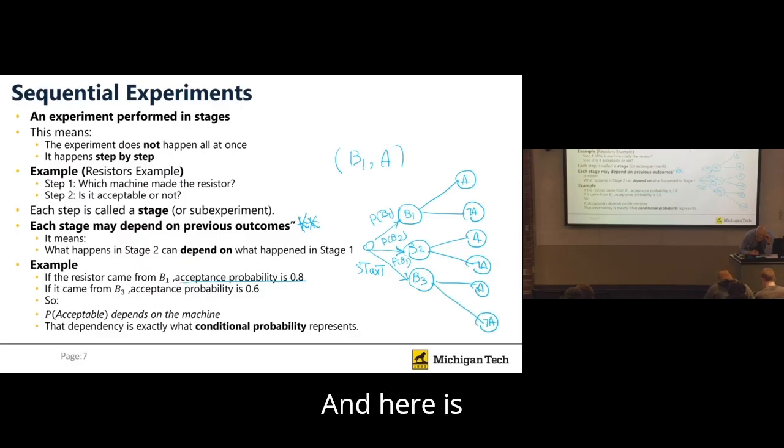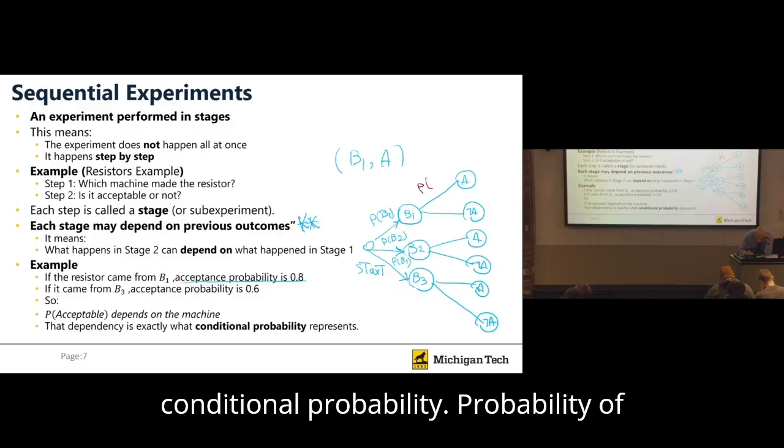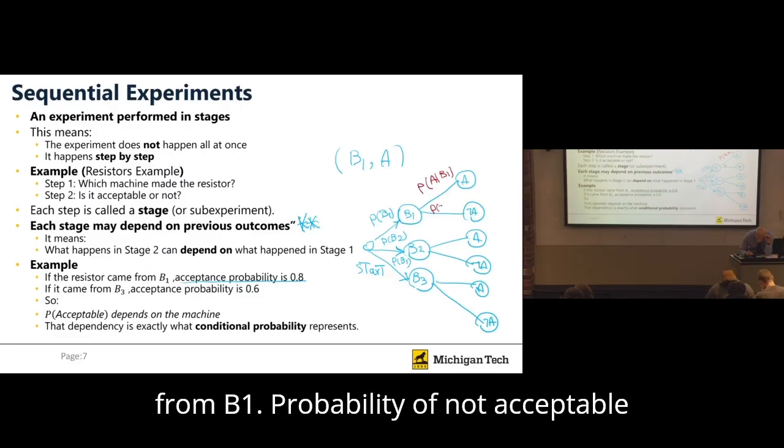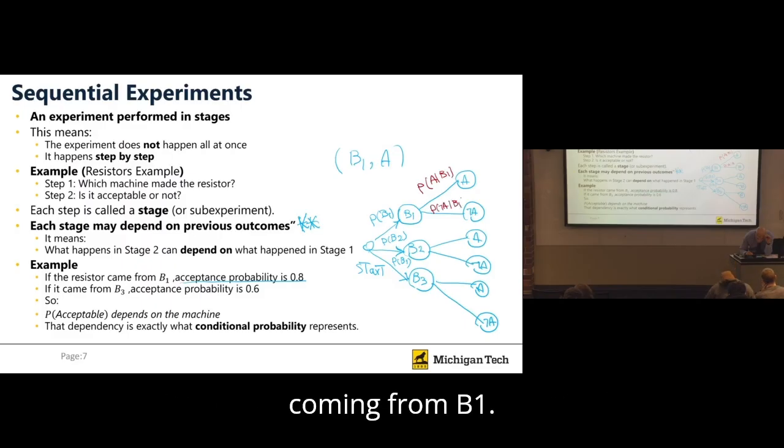And here is the tricky part. This is conditional probability: the probability of acceptable coming from B1, the probability of not acceptable coming from B1, and so forth. For example, this one is the probability of accept coming from B3.